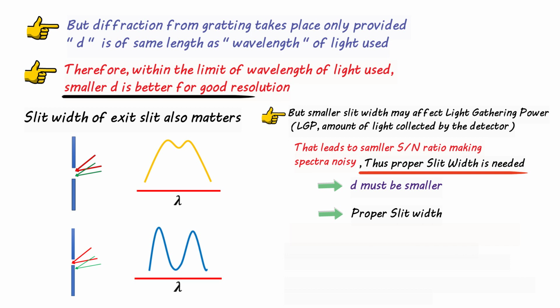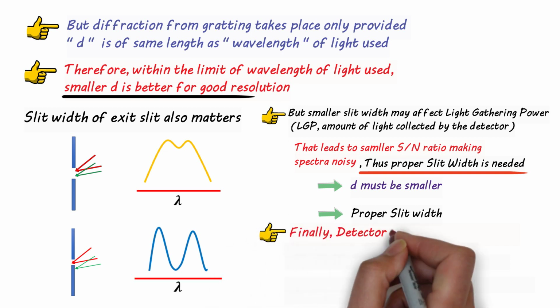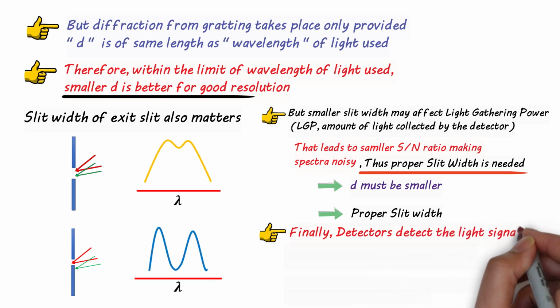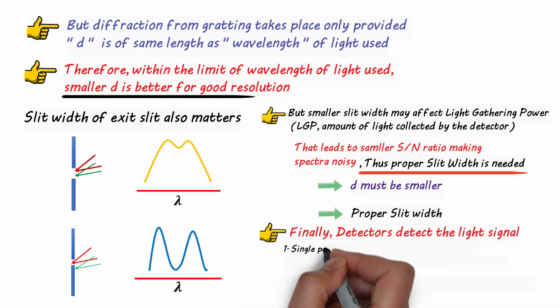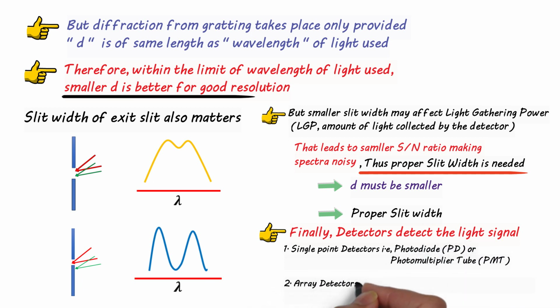So an optimum slit width is needed, and within the wavelength limit of the light used, d must be smaller. Finally, detectors detect the light signal, and the detectors can be of two types. Number one is single point detectors, that is the photodiode or photomultiplier tube, and we have array detectors, that is the photodiode array, charge coupled devices or intensified charge coupled devices.